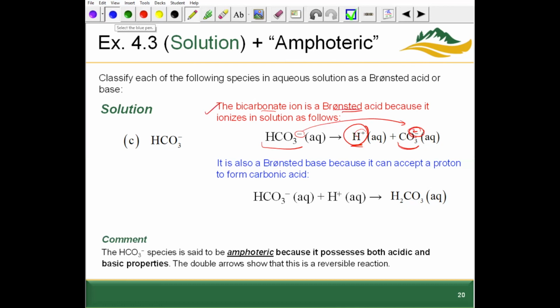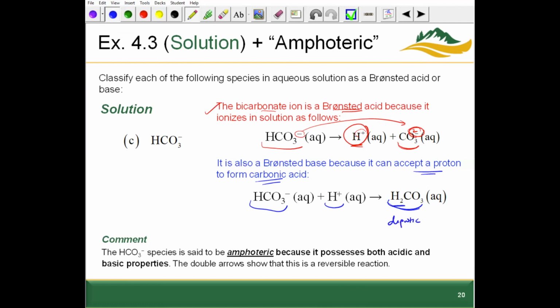Then why is it also a Bronsted base? Well, if we go the other direction and think about it accepting a proton to form carbonic acid, it can do that. So here's HCO3 minus, it accepts a proton, then it becomes this full form of the acid that's diprotic.